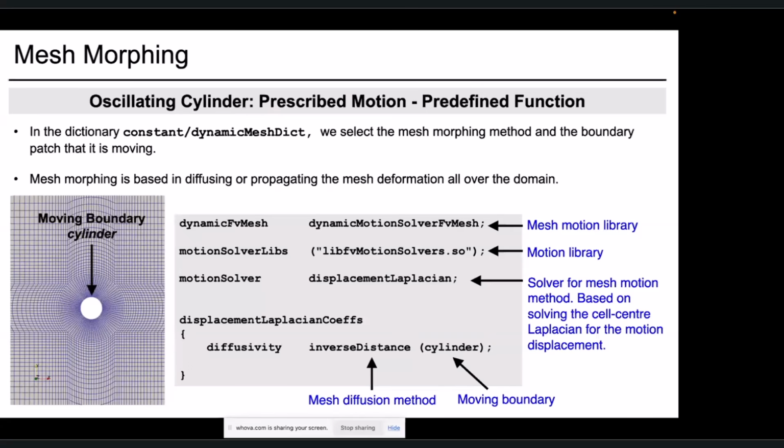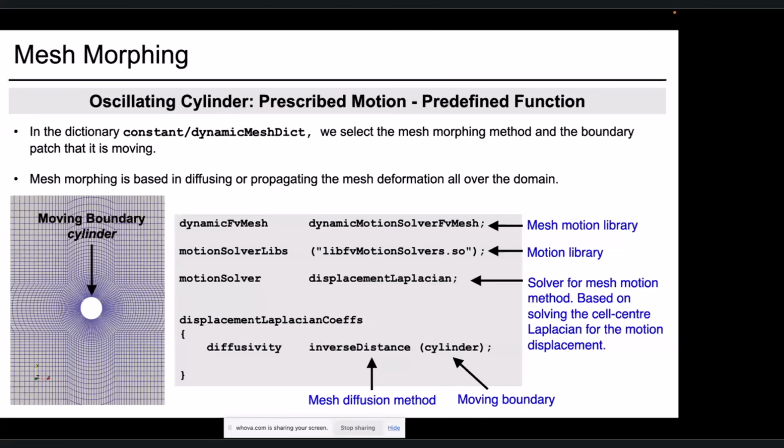Next we give the displacement Laplacian coefficient, which is a function of diffusivity, and what type of Laplacian diffusion method you want to use. I will show you the different types available. In this case, we use the mesh diffusion method of inverse distance, and then we have to mention either the patch or the cell region or the volume of cells that we want to move.